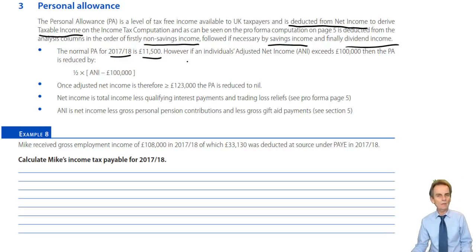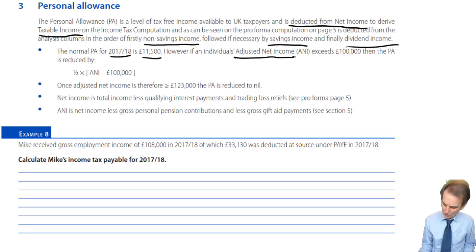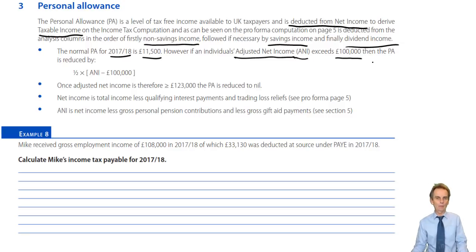Now, we've made mention of the fact that if our net income, our adjusted net income to be precise, exceeds a certain limit, then we may lose either partly or entirely our personal allowance. And we've now got to see how that restriction of the personal allowance applies. If an individual's adjusted net income, more of that in a moment, exceeds £100,000, there is our so-called income limit.